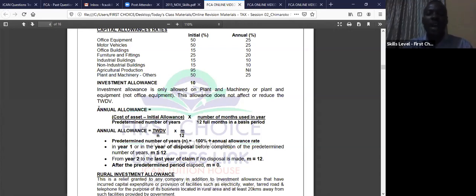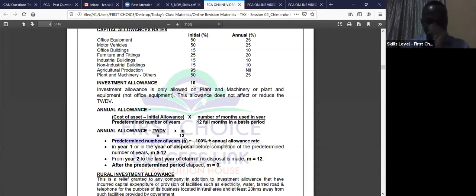Then look at our annual allowance, the formula. So we have to first of all know initial allowance before we can find annual allowance, because it's going to be cost minus initial allowance divided by the predetermined number of years N. How do we get the predetermined number of years?